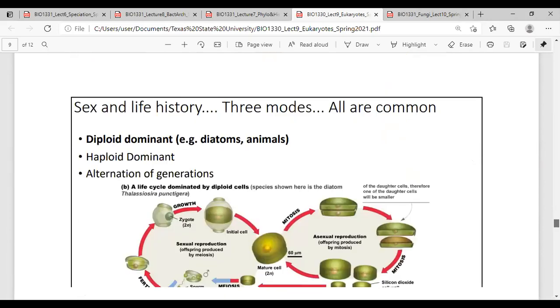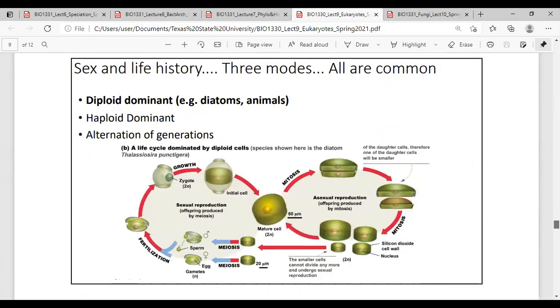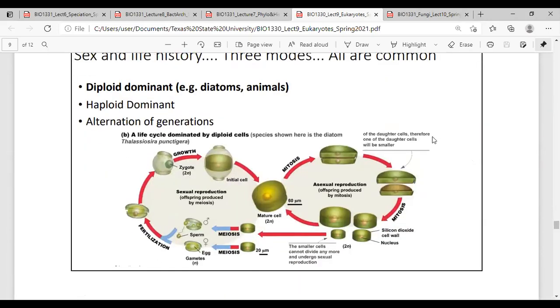Okay, so here are the three modes of the life history. You really need to know diploid dominant, haploid dominant, and alternation of generations. For diploid dominant, the red shows when the cell is diploid. It's only haploid when it undergoes meiosis.